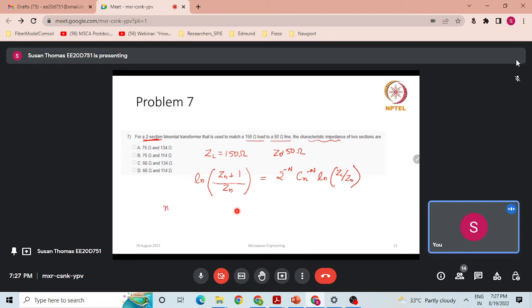So if n is equal to 0, that is the first condition. That means for a two-section binomial transformer, we have two of them. So ln of ZL by Z0 is equal to 2 raised to minus 2 C0, raised to minus 2, ln of 150 by 50.